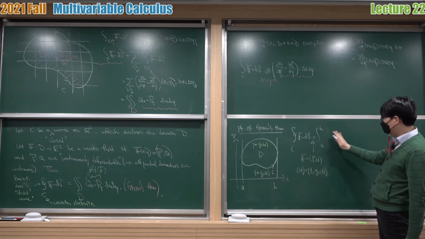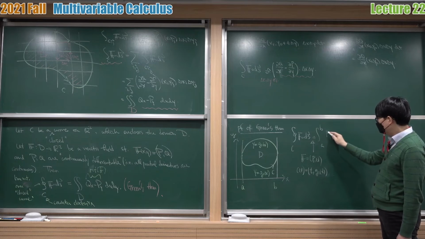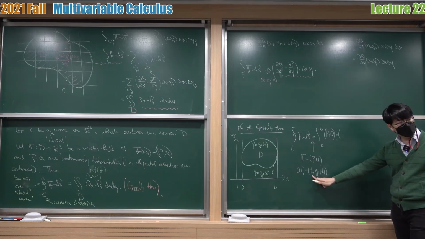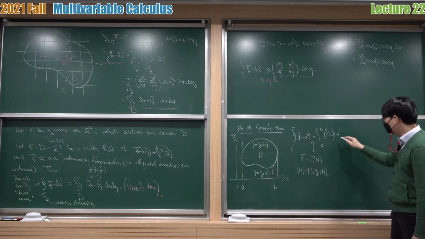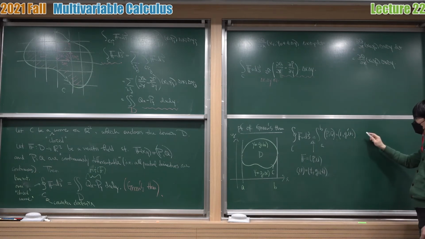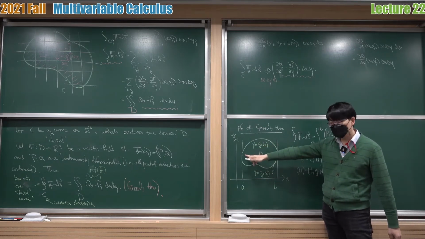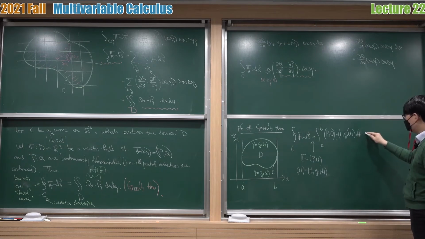So the lower part will be the integral of (P, Q) inner product with C prime of t. Let's say C1 here, so we have C1 prime of t, which is (1, g1 prime of t). And then next, I'm going to integrate over this upper part.